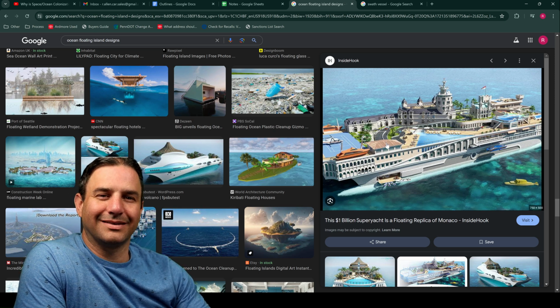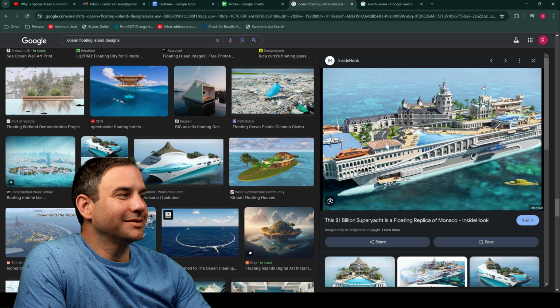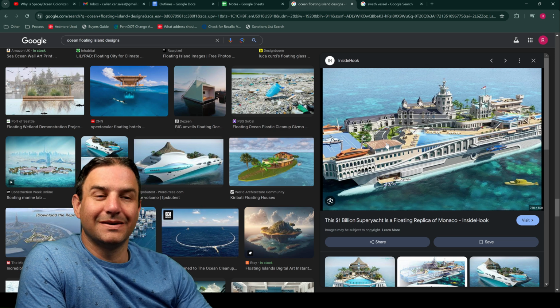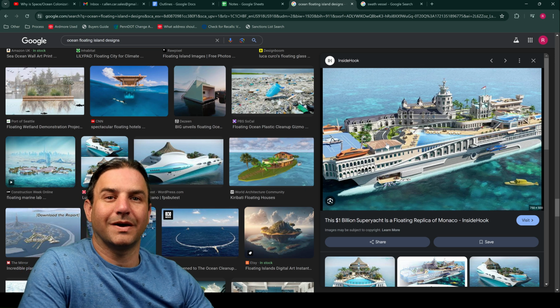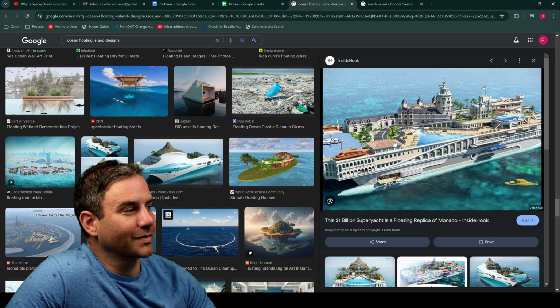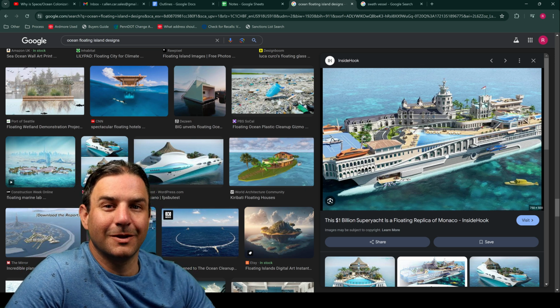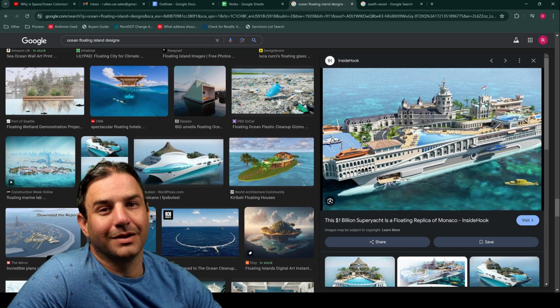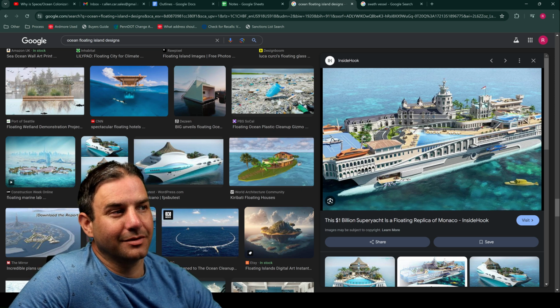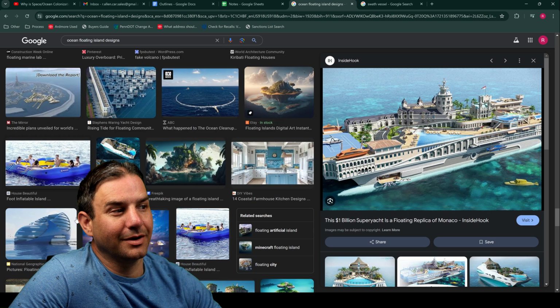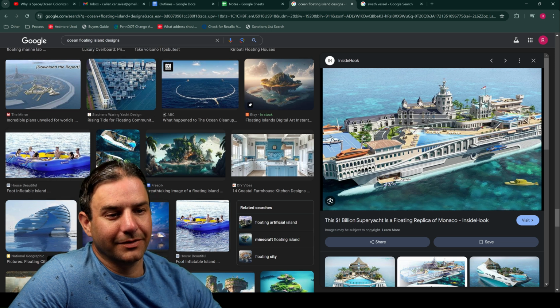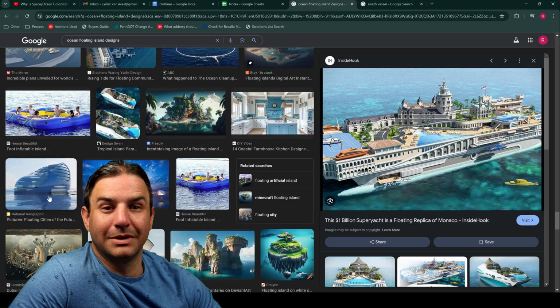The design doesn't make a lot of sense, but it sure looks pretty, and it got a lot of press, I think in the early 2010s. You can tell I've been following this floating island stuff for a long time, but it's funny. I look around every now and then and realize there's something I missed.